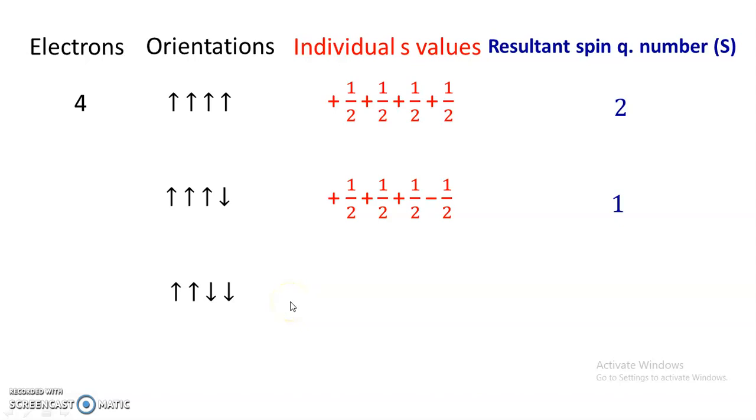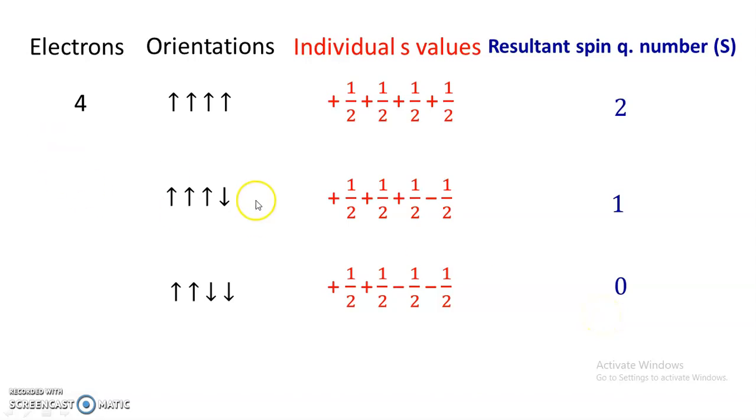And the third possible orientation is 2 electrons spinning along the clockwise direction and the remaining 2 electrons spinning along the anti-clockwise direction. In that case, the individual spin quantum number values are plus half for the 2 electrons spinning in the clockwise direction, and minus half for the next 2 electrons spinning in the anti-clockwise direction, and the spin quantum number value is the sum of these 4 values, which is 0.